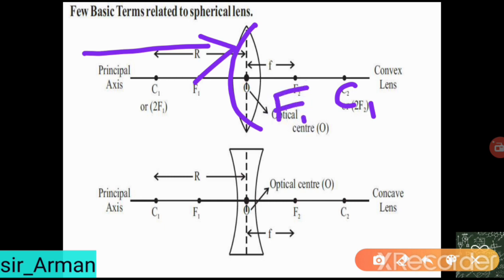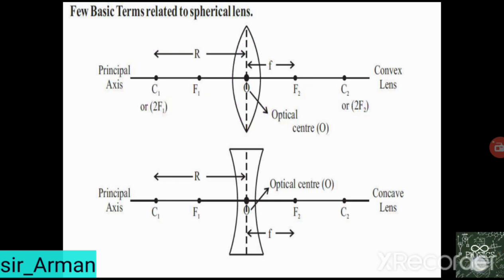Similarly, the ray will then be incident on this part, which has center C2 and focus f2. But for our class, for class 10, it is okay if we represent it like what I have given in the picture.